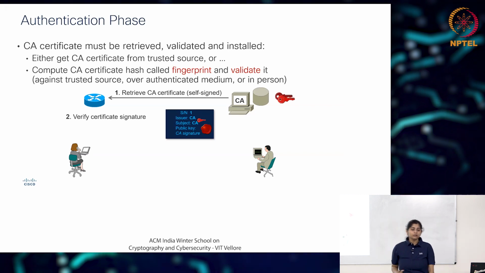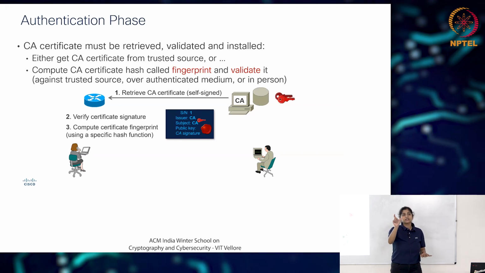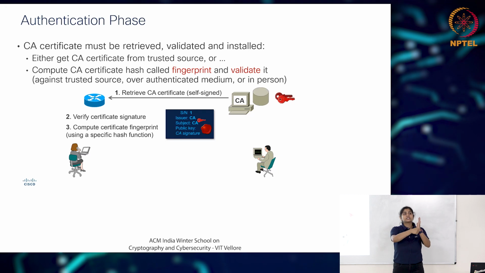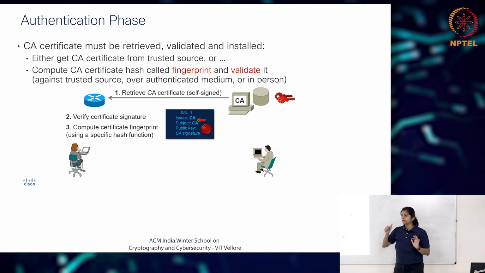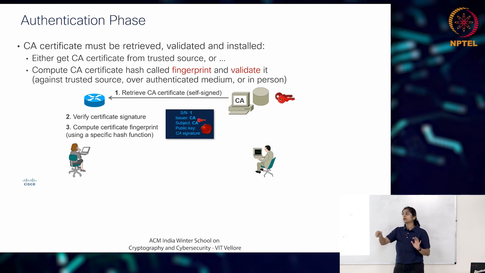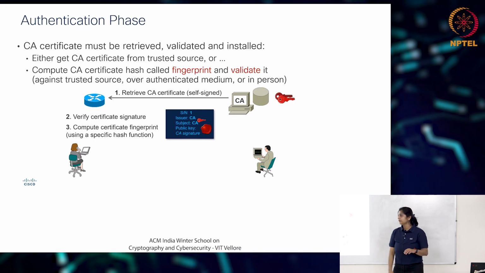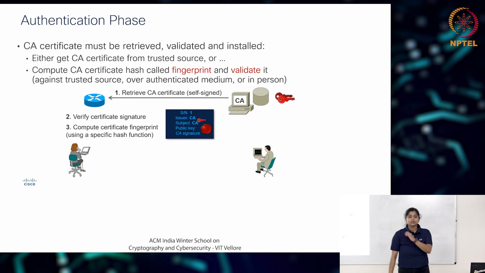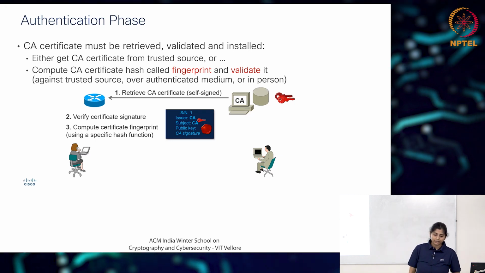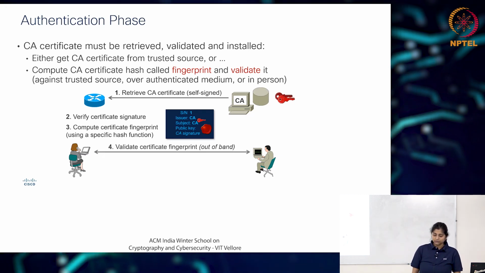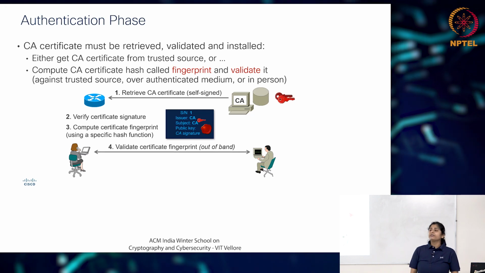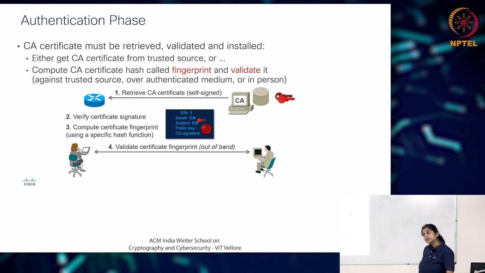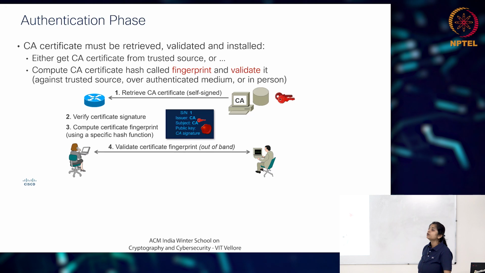Okay, whatever is there happens. So there is a fingerprint, just like a fingerprint that you will have, so that you can verify, okay, this is the thumbprint of someone, we have it in our system. Just to establish that, you have a fingerprint created from the CA certificate. So you validate the certificate fingerprint saying that, okay, this is a legitimate CA and I want to get their certificate.